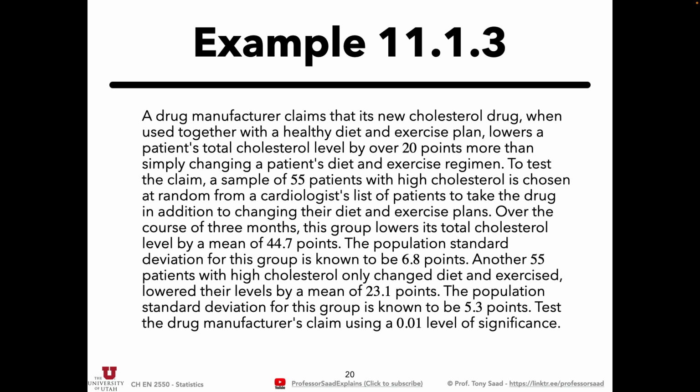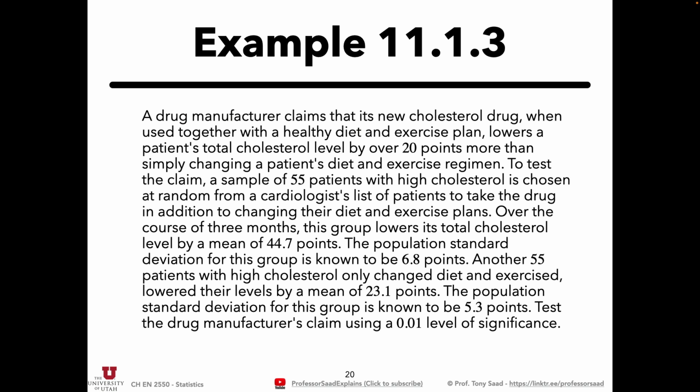Over the course of 3 months, this group lowers its total cholesterol level by a mean of 44.7 points. The population standard deviation for this group is known to be 6.8 points.